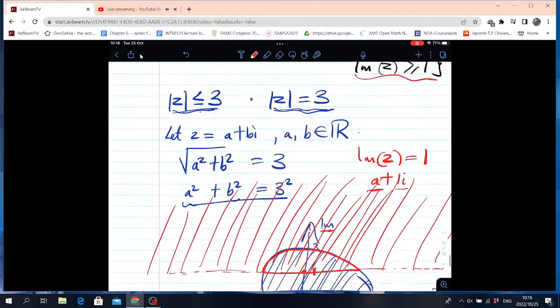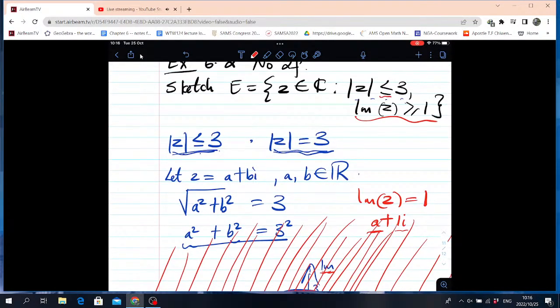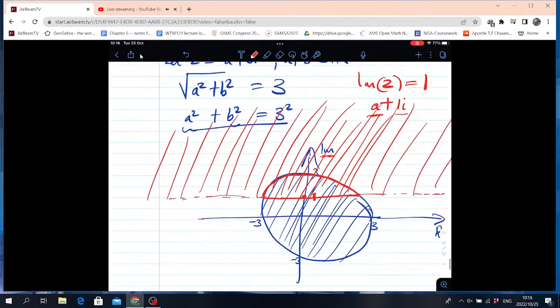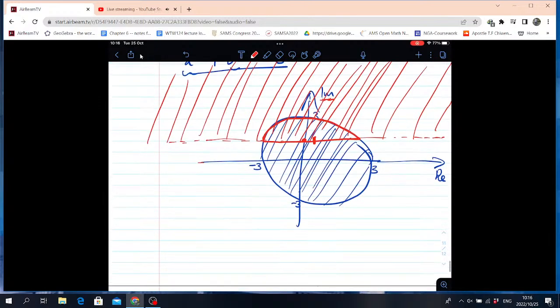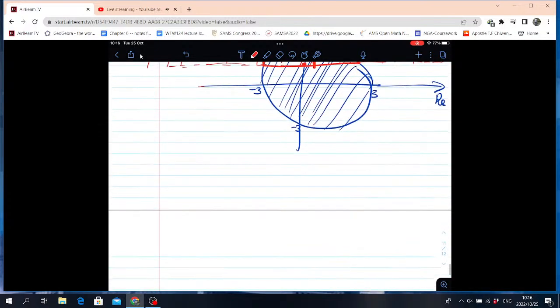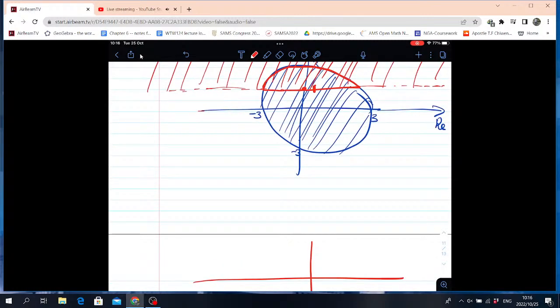And because there's this provision of either equal to, we have to include the boundary. And then we end up with something that looks like this.